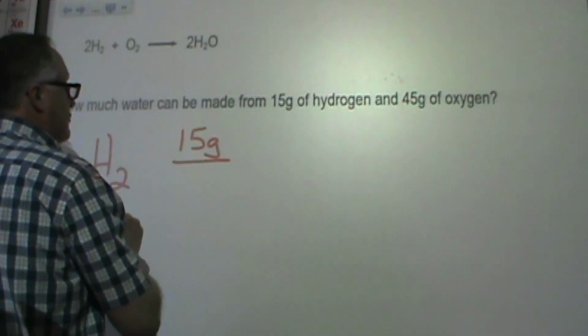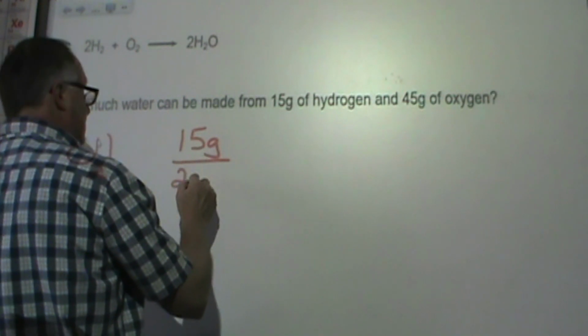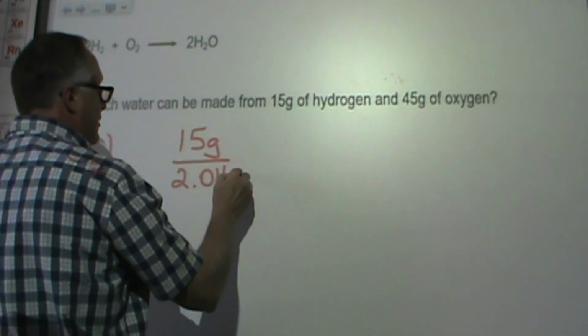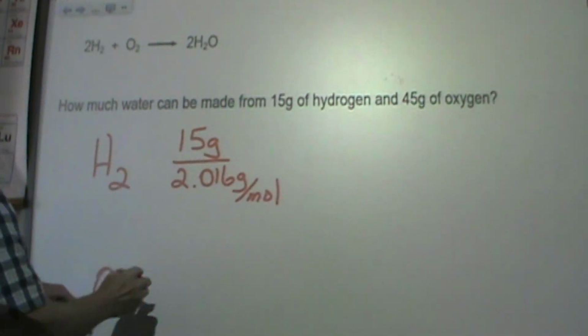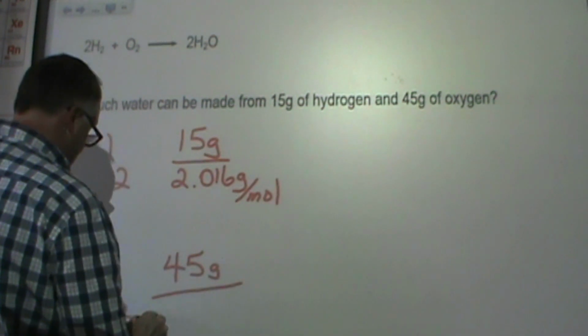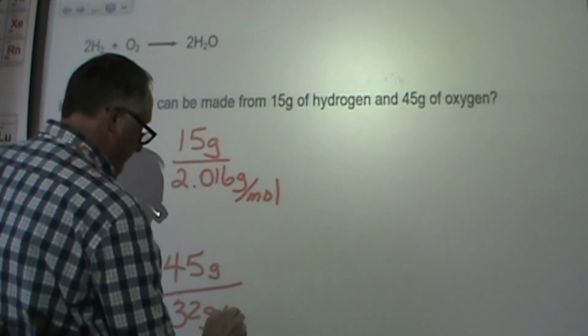And 15 grams divided by the molecular weight of hydrogen, 2.016 grams per mole. And oxygen, I have 45 grams divided by O2 is 32 grams per mole.